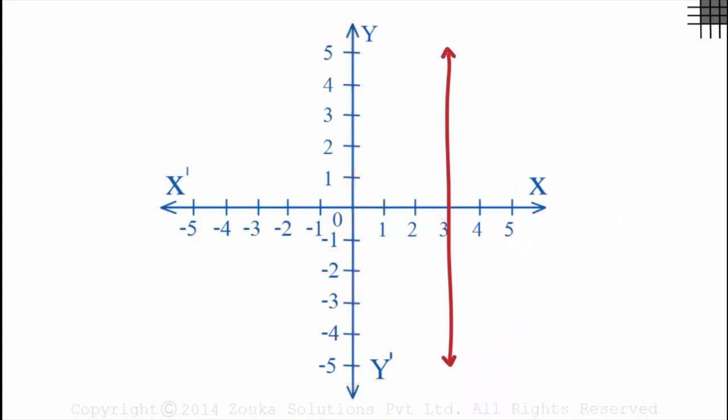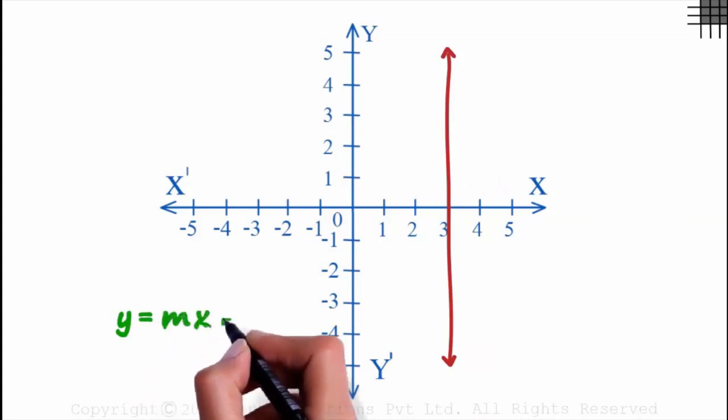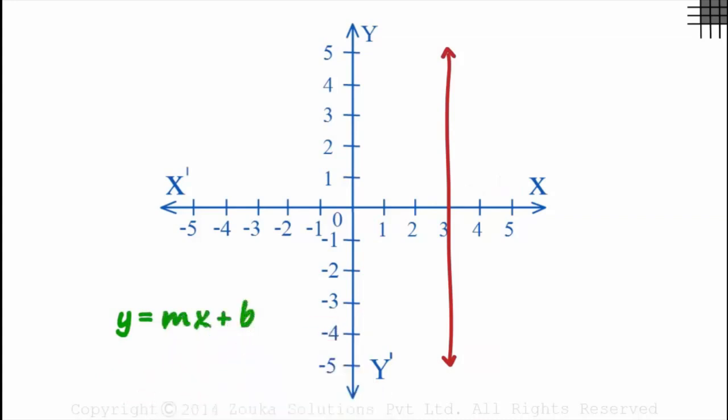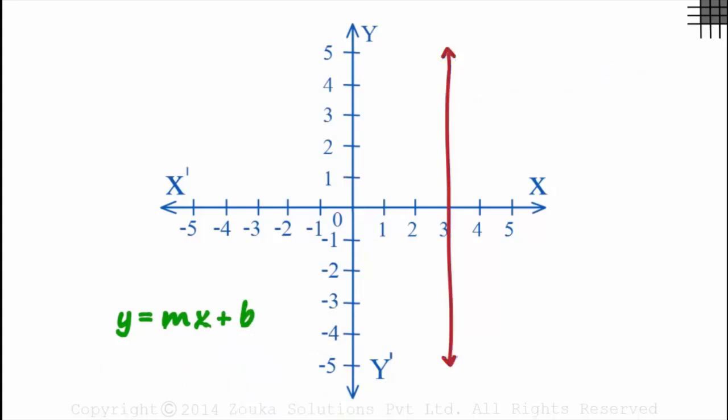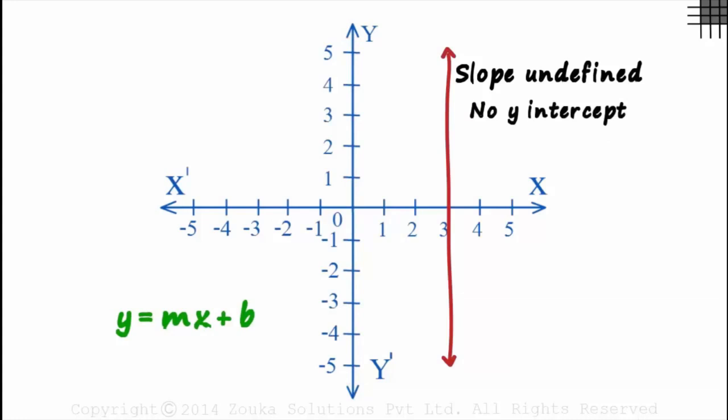On the line, we know that there is no y-intercept, and the change in horizontal distance is null, so the slope is undefined. Now how about y equals 2?